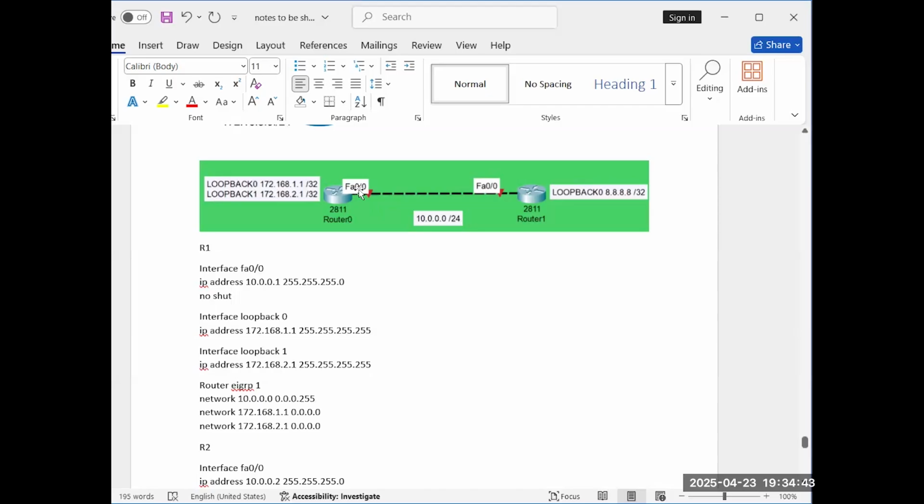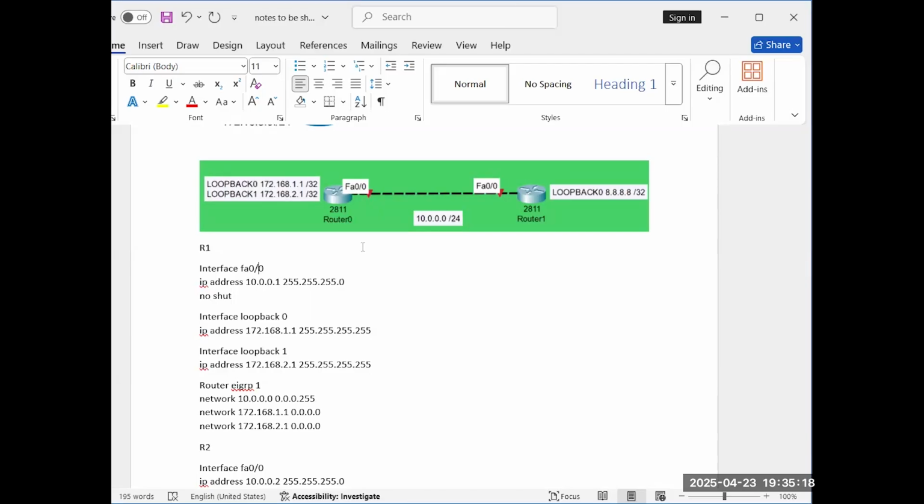The router will have a WAN interface and a LAN interface. The WAN interface is where it is getting connected to the remote router. I mentioned it wrongly.